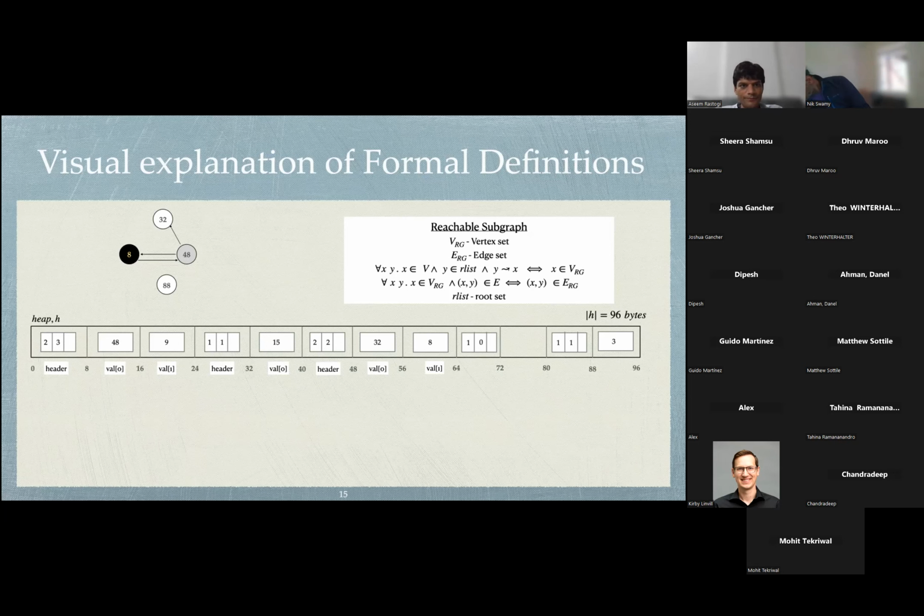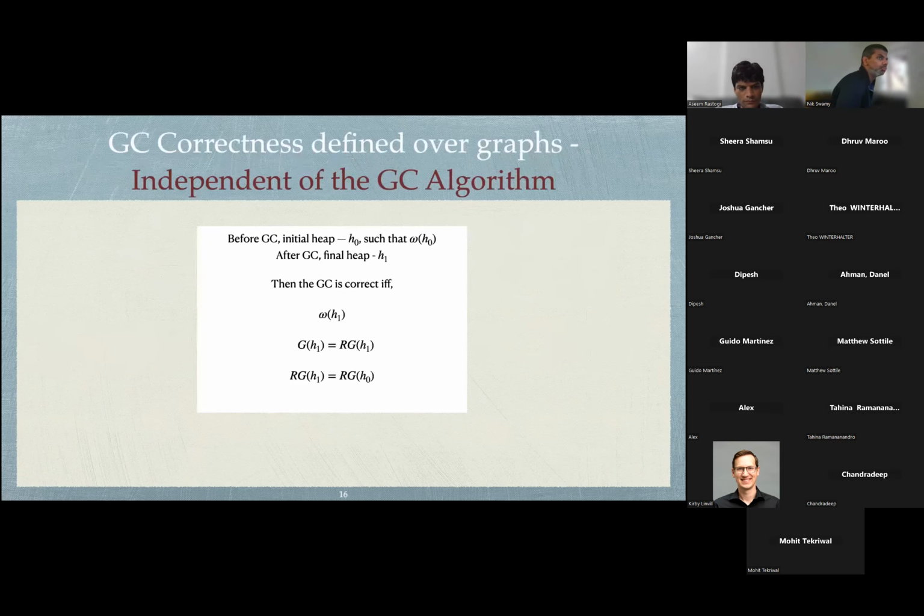Okay, let us define GC correctness over a graph, which is independent of the GC algorithm. This GC specification is for a stop-the-world GC: how we can use graph reachability to specify GC correctness. The initial heap is H0, a well-formed heap. After GC, the final heap is H1.